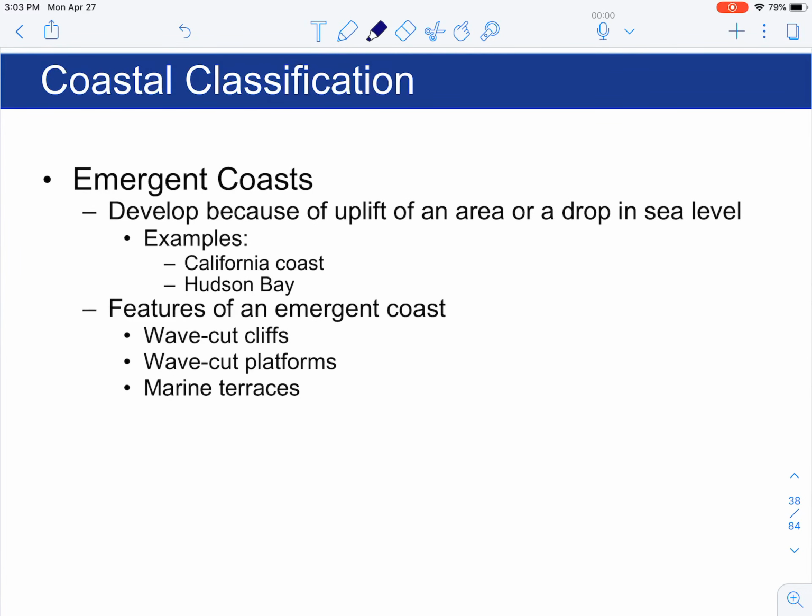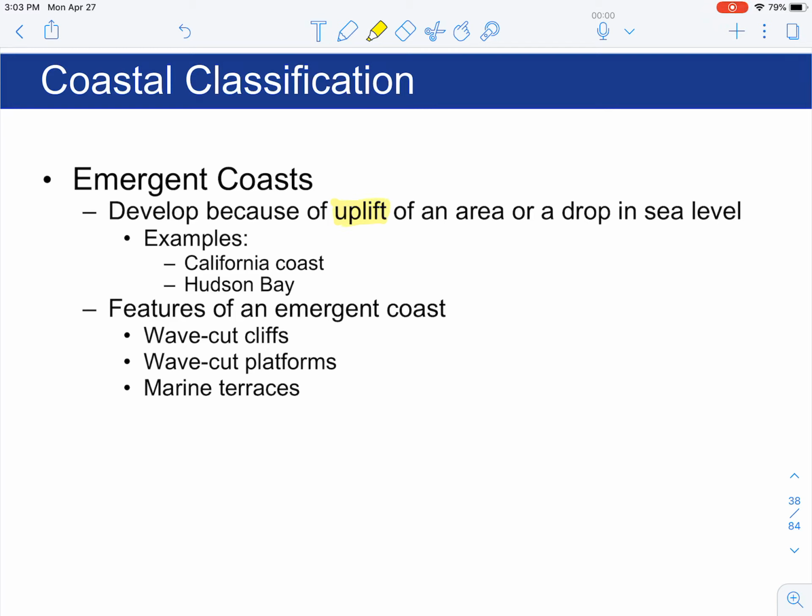There's two different types of coastal classifications. I'm not really focused on this in this unit. We have what are called emergent and submergent coastlines. Emergent are examples of areas where the beach has experienced uplift, typically because right now we don't have a drop in sea level, we have quite the opposite.